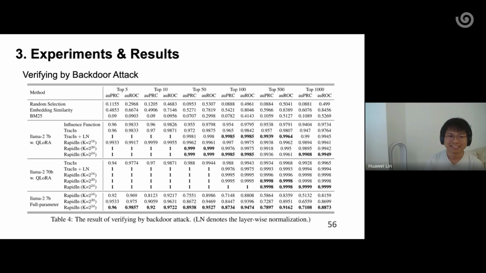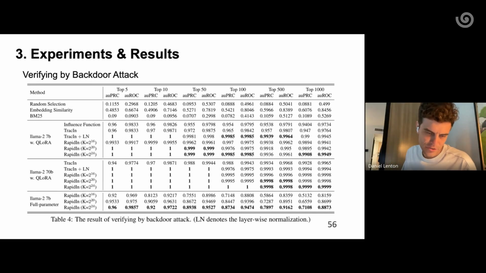Okay, you can see tracing plus LN is the layer-wise normalization for the tracing. Okay. So basically, you think that maybe the biggest difference is the normalization because of the brittleness, and the main takeaway then is that doing this compression hardly impacts the performance. It's very, very small, basically.